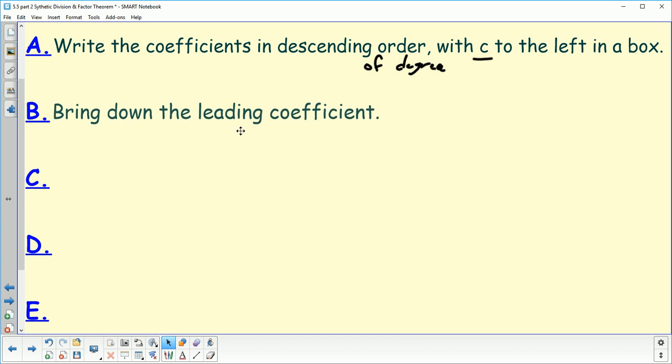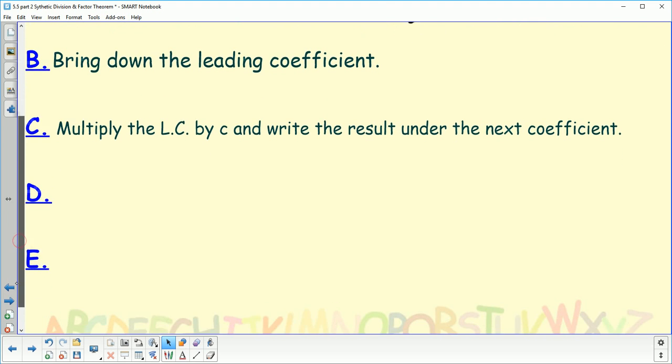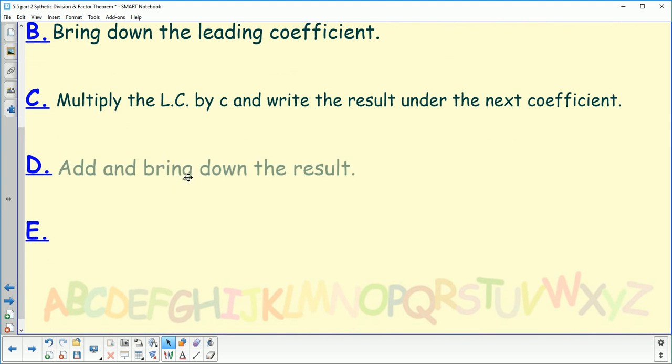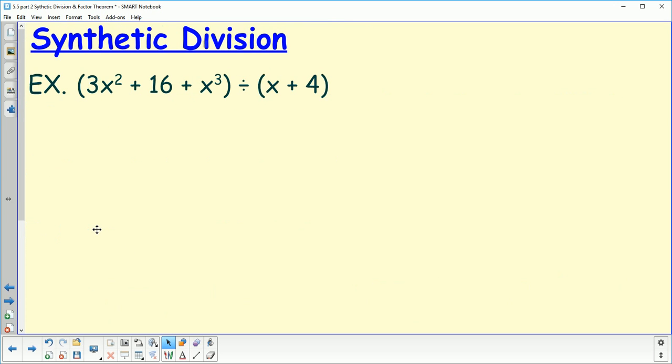Okay, bring down the first leading coefficient, multiply it by c, and write that under the next coefficient, and then this is where we just start repeating ourselves over and over. You add and bring down the result, multiply and write that under the next coefficient again, and then just repeat over and over until we've done them all. Now that sounds like a lot, so to show you an example here, I need to start by writing my coefficients in descending order of degree.